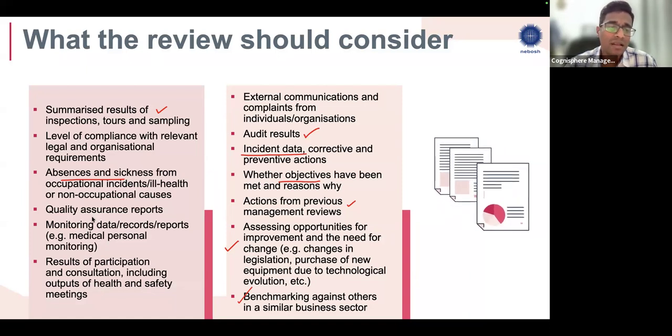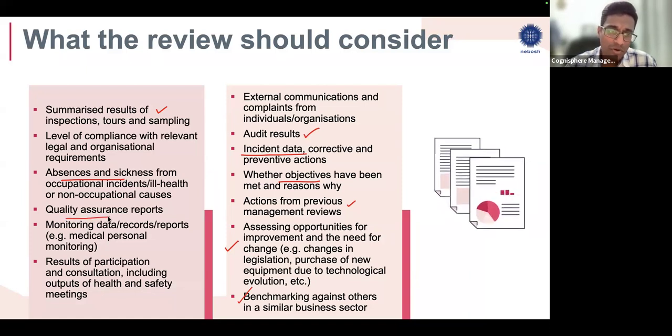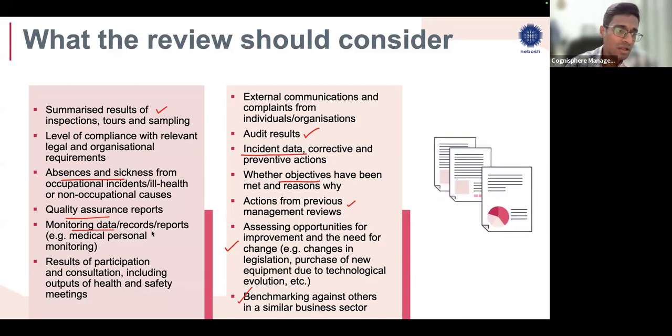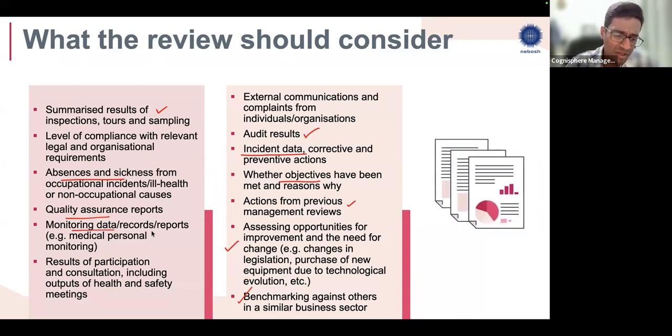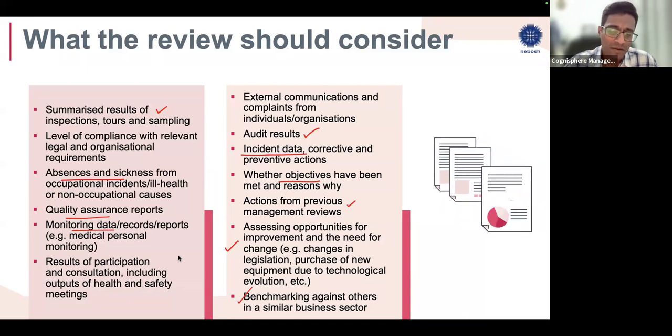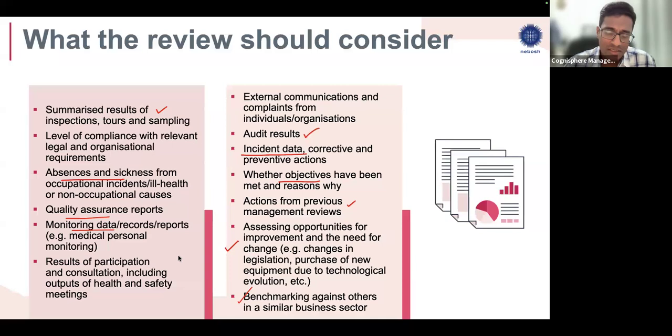And then your quality assurance reports, the monitoring data records and reports like medical personnel monitoring and noise monitoring reports, and then your risk assessments. All this would be part of your review reports. So overall, every clause, supporting documents, procedures and processes will be reviewed.